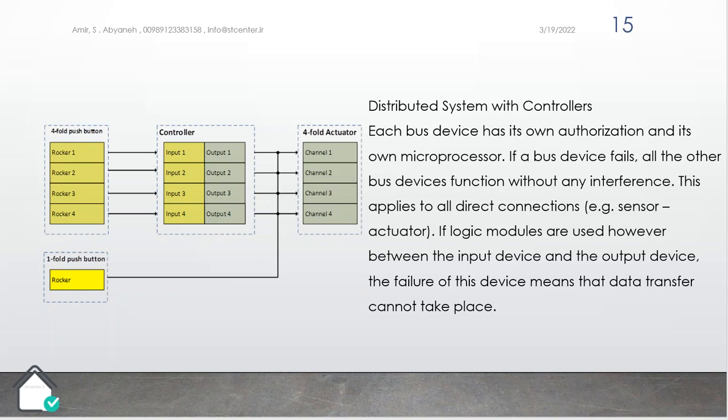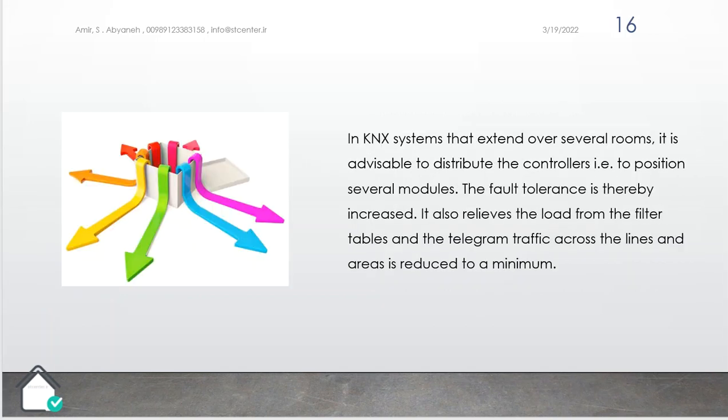In this case, if you lose some device, you lose only the logic related to that device, and you still have the operations from the others. So here are two examples of distributed systems with controllers. First, you have a backup, for example, to the touch panel with the push button, and then you use the logic inside the devices.